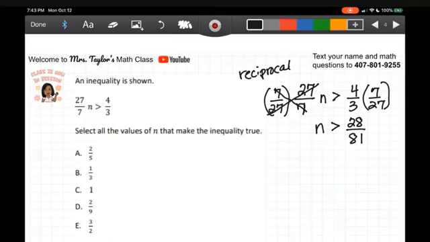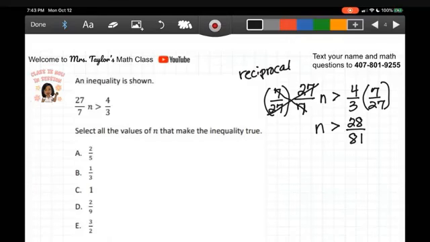Okay, so now at this point we need to figure out which one of the answer choices should be a part of the values that I can use for n. Any value that I select has to be greater than 28 over 81.